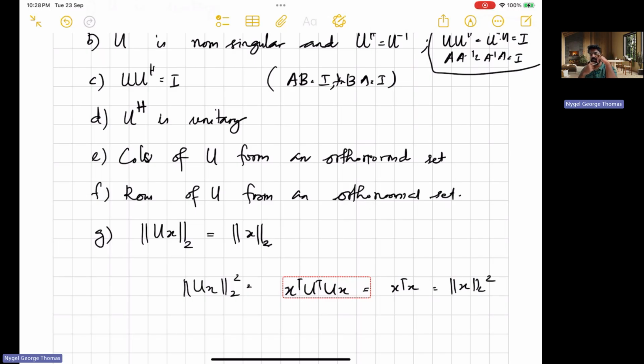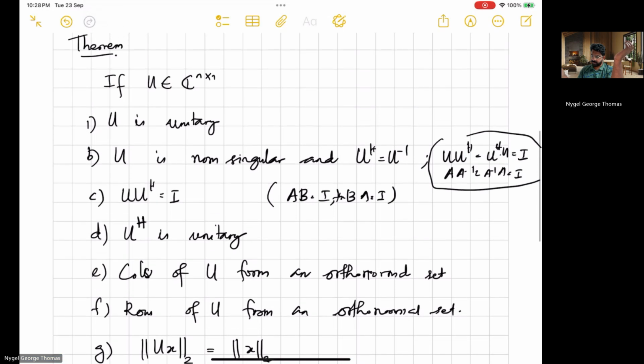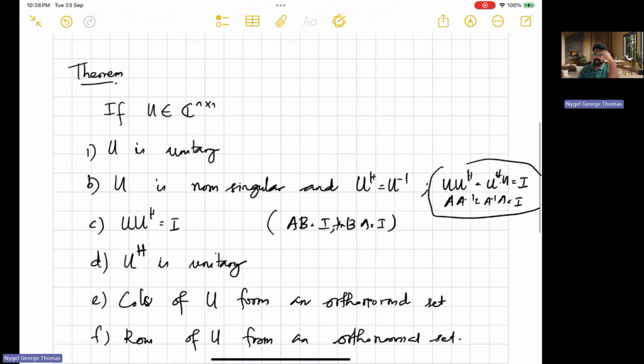If the Hermitian of U is unitary, you can say that U is again unitary. All these things are actually the same. And if you say a matrix U into B, you can say all these things are actually equal. That's all about the unitary matrices.